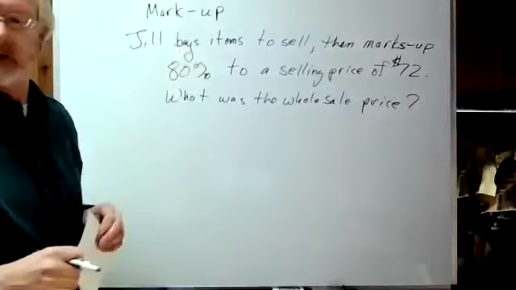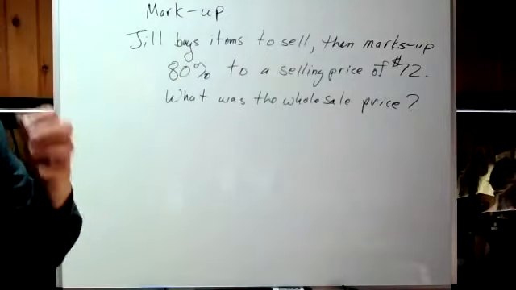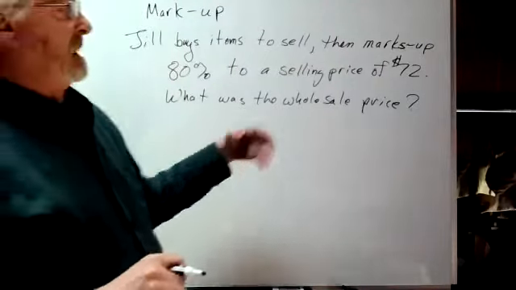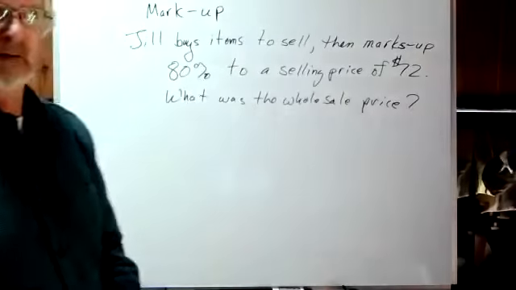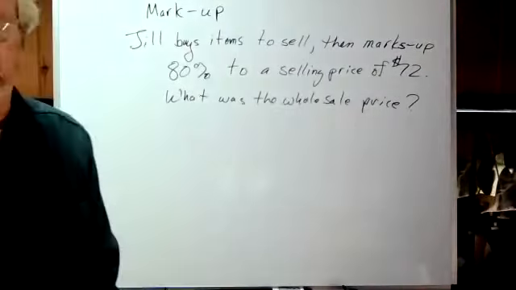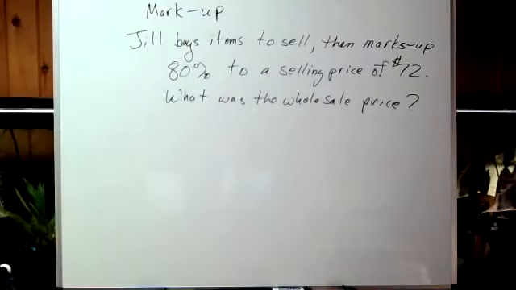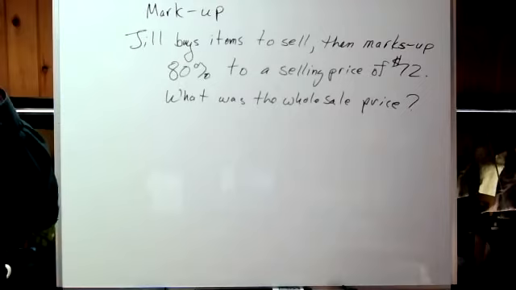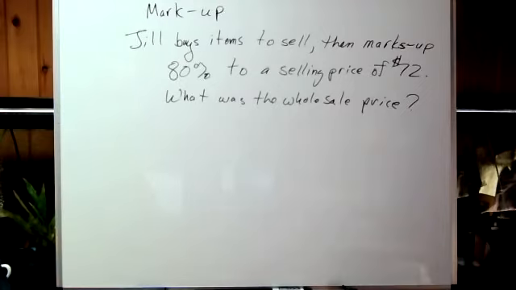So she bought the items at a certain price, marked them up 80%, and now her selling price is $72. What did she buy them for? What was her wholesale price? Again, this is one of those, what percentage are you really paying kinds of problems.